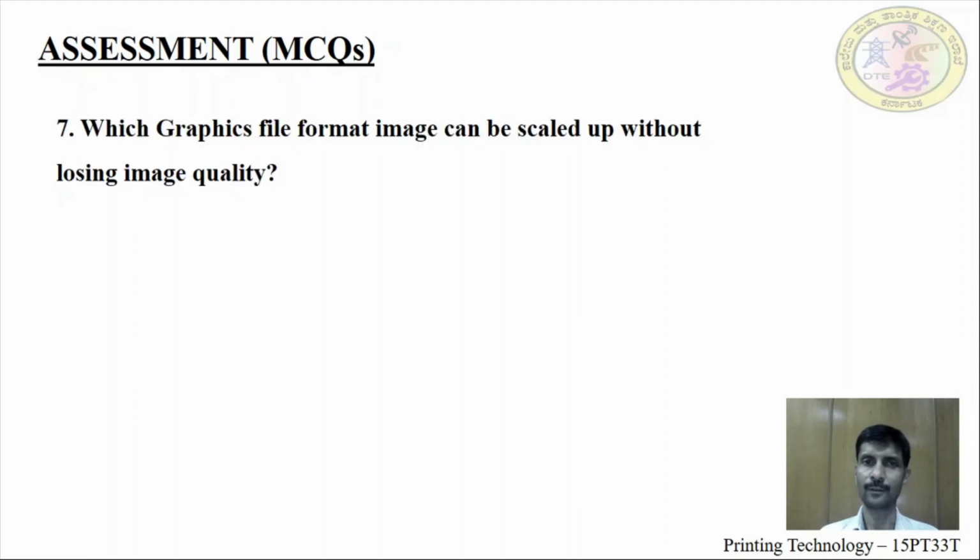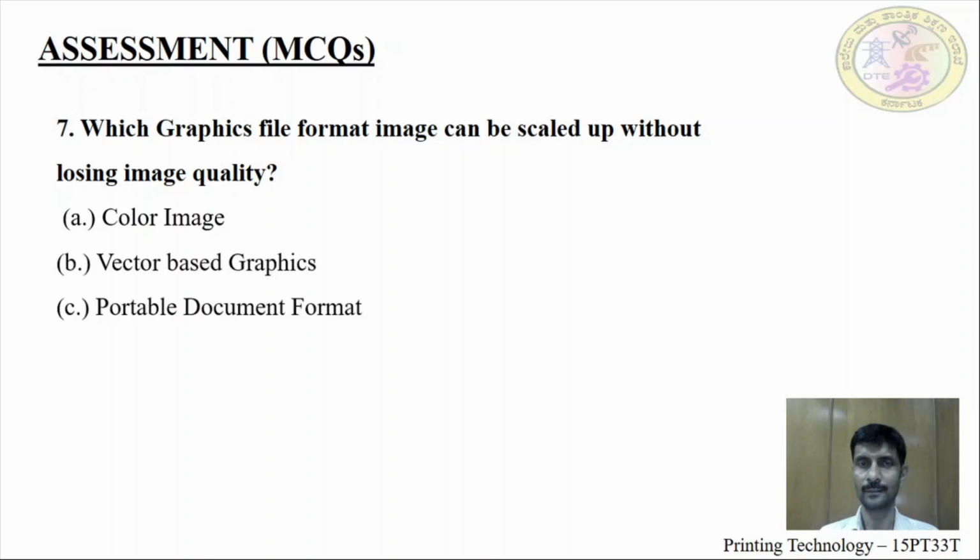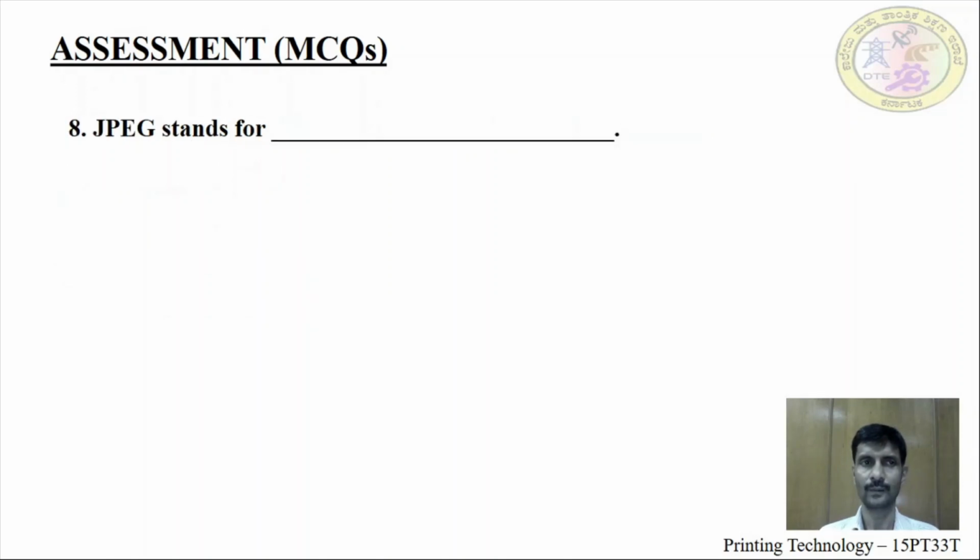Which graphic file format image can be scaled up without losing the image quality? If you create a graphic and enlarge it to any extent without loss of image quality, meaning resolution. This is the clue. Let us see the options one by one. Color image, vector-based graphics, portable document format, and bitmap graphic. Next question.